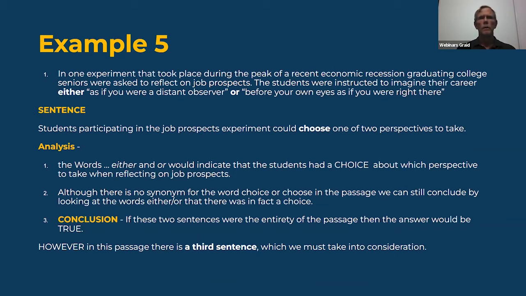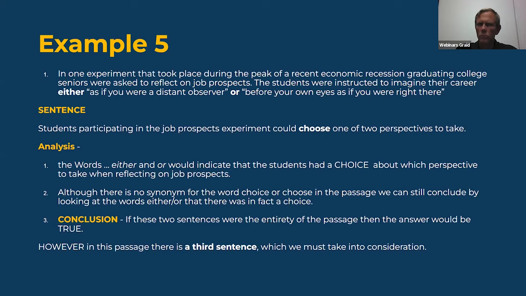Now, in one experiment that took place during the peak of a recent economic recession, graduating college seniors were asked to reflect on job prospects. The students were instructed to imagine their career either as if you were a distant observer or before your own eyes as if you were right there.